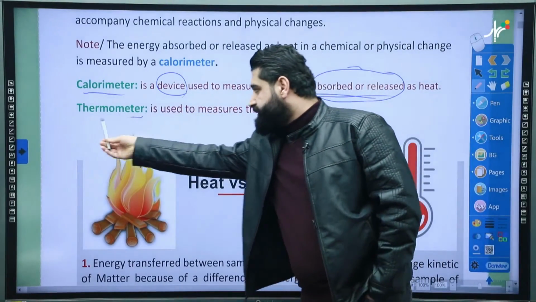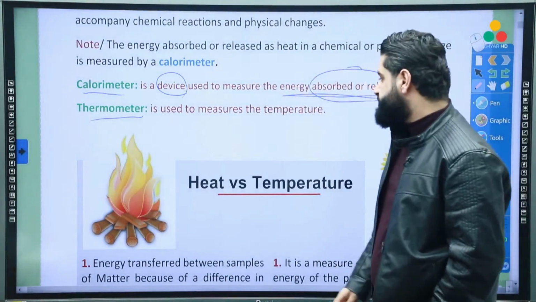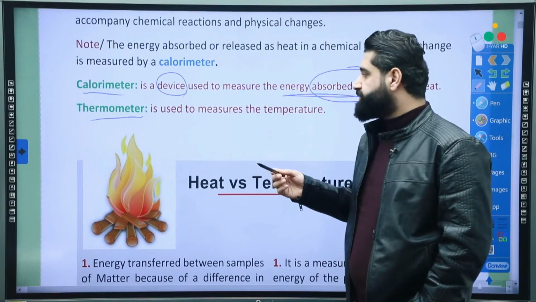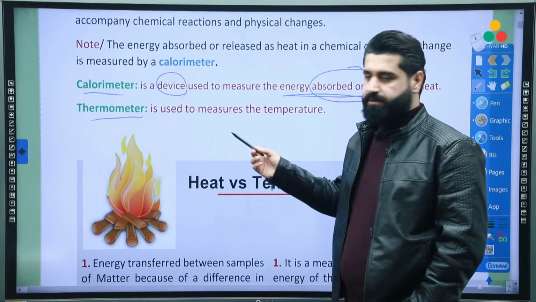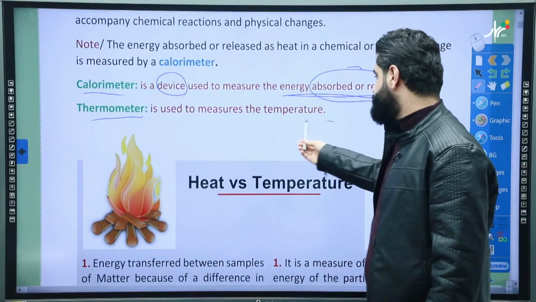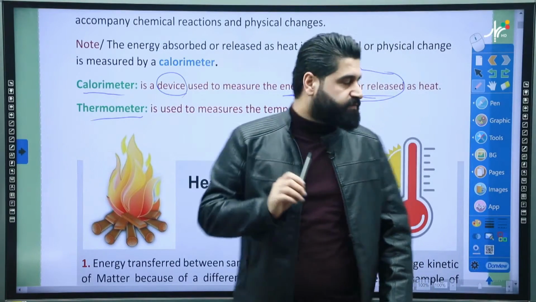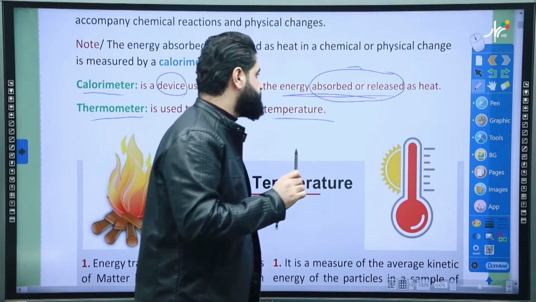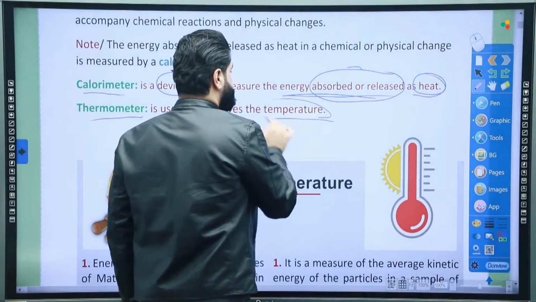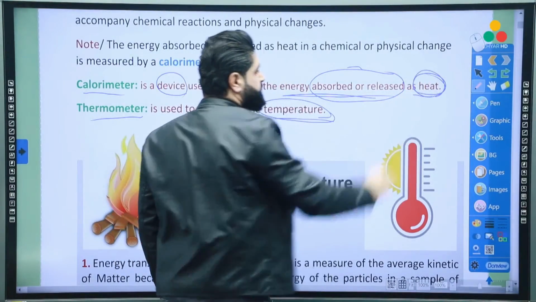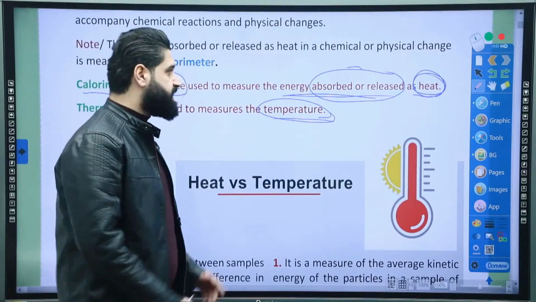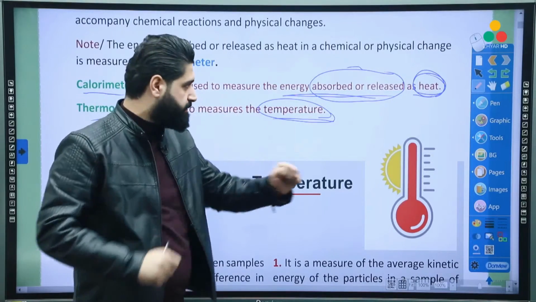And we have the thermometer. A thermometer is another simple device, one of the simplest instruments that exist in the laboratory. It's used to measure the temperature. So now we have two close expressions together, temperature and heat. Maybe until now you thought that they are the same, but actually there's a huge difference between them.